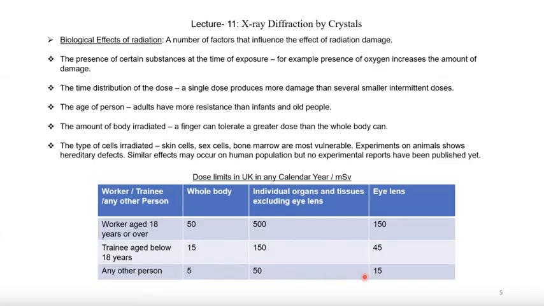This is the limit regulation for the UK. Every country must have a dose limit for any calendar year, and that will differ from country to country.